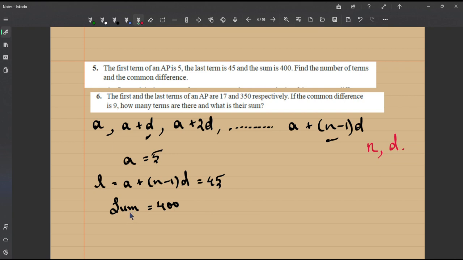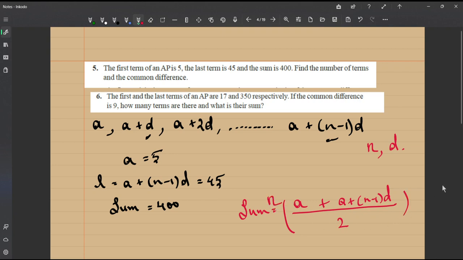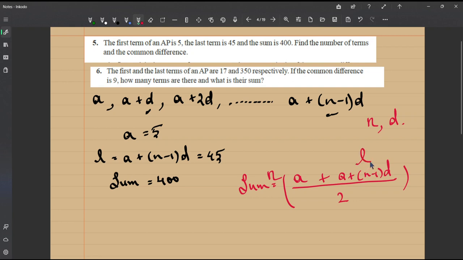In any arithmetic progression, as we saw recently in one of our videos, the sum can be given by adding the first term A and the last term A plus (n minus 1)D, finding the average of these two terms by dividing by 2, and the whole thing multiplied by n. So in short, if I denote A plus (n minus 1)D as L, I can write it as n into (A plus L) by 2.